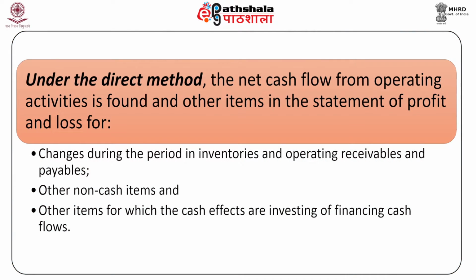Under the direct method, the net cash flow from operating activities is found by adjusting the items in the statement of profit and loss for: 1. Changes during the period in inventories and operating receivables and payables. 2. Other non-cash items. And 3. Other items for which the cash effects are investing or financing cash flows.